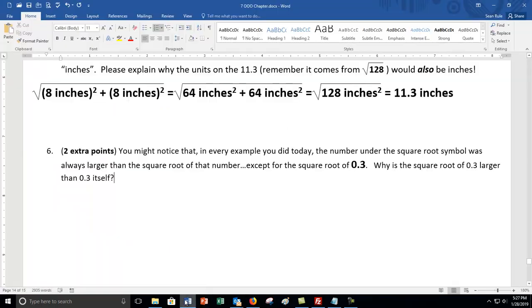Okay, and I asked you to explain why that is the case. And what I wanted you to think about was what happens when you take a number like 0.3 and multiply it by itself. Okay? So if you think about a number like 0.3, and the reason I'm saying 0.3 is it's a number between 0 and 1.